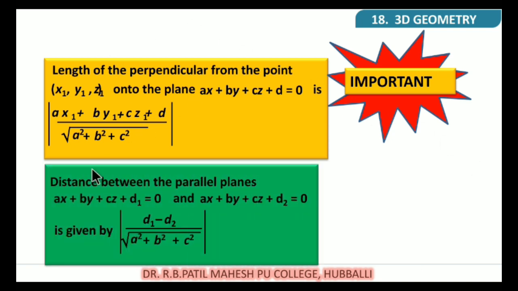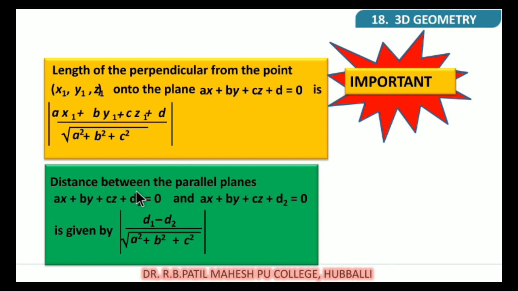This is one formula, and here is another one. The distance between the parallel planes ax plus by plus cz plus d1 is equal to 0 and ax plus by plus cz plus d2 is equal to 0 is given by the whole modulus of d1 minus d2 divided by square root of a square plus b square plus c square. These are the two parallel planes, where a, b, c are the same and d1, d2 are different.